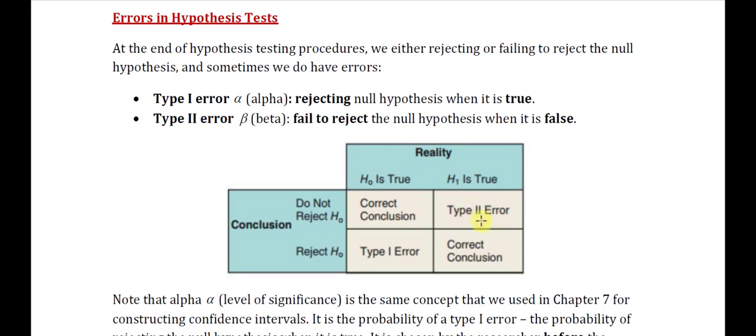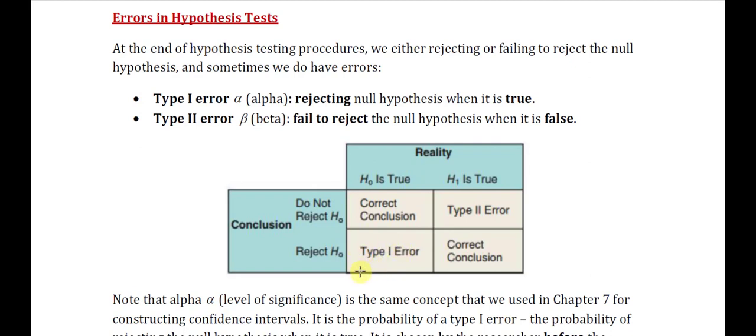Type 2 error means we fail to reject when the null hypothesis is false. And then the type 1 error is right here. That means when the null hypothesis is true and we reject it, we have type 1 error.